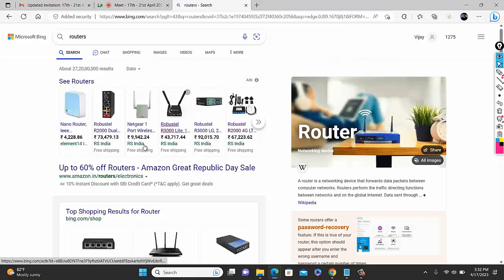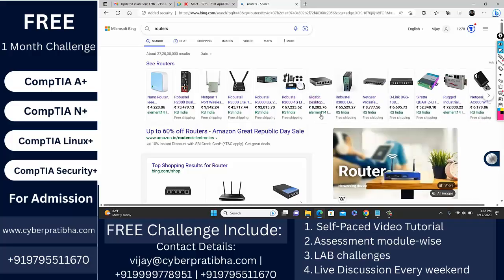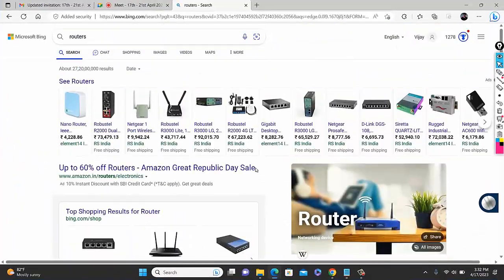Once you search, you can see a router costing 4,228, another costing 73,479, and a very high cost of 92,000. Even in lakhs you will find the price of a router. So you can see the price of one router is only 4000.